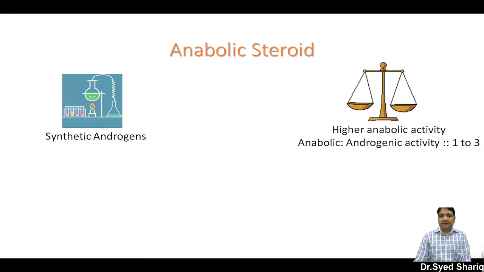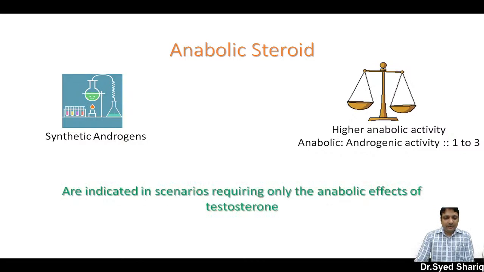So the difference between testosterone or any androgen and these anabolic steroids is simply that they're almost similar. They have activity on androgens also, but their activity which can increase the muscle mass, which can increase the anabolic synthesis in the human body, is much higher than normal testosterone. So this is the major difference between the anabolic steroids and the androgens.